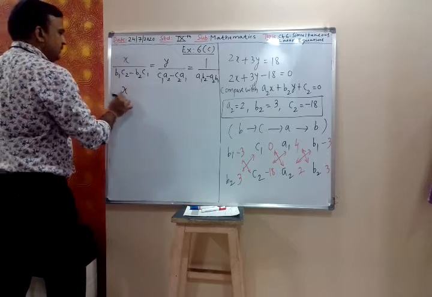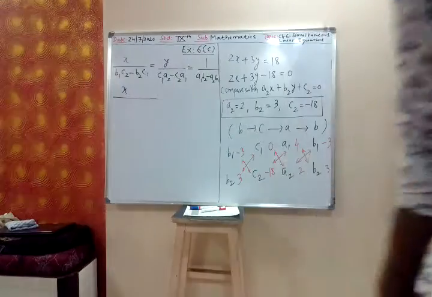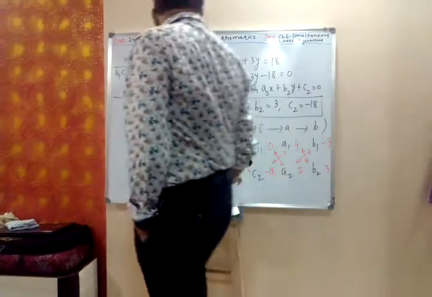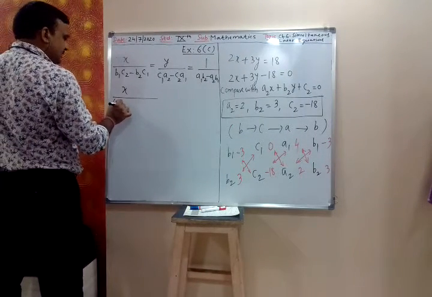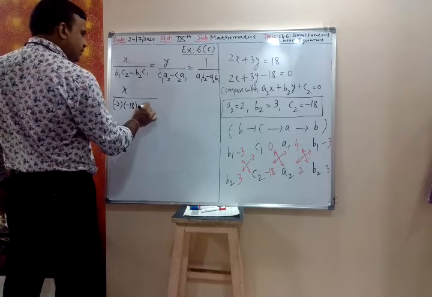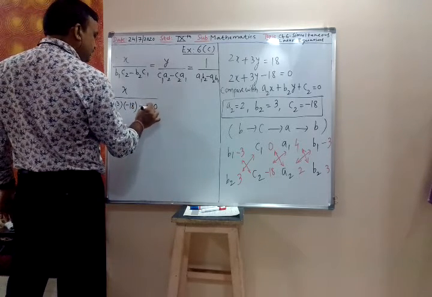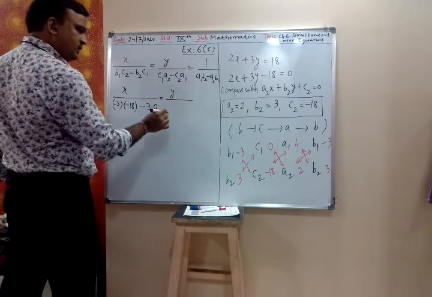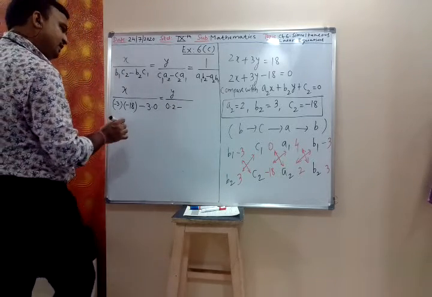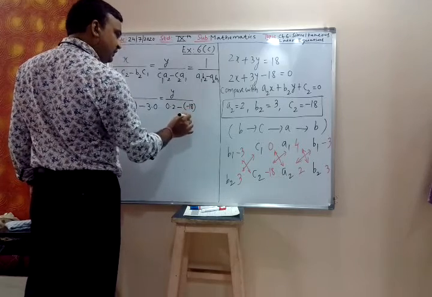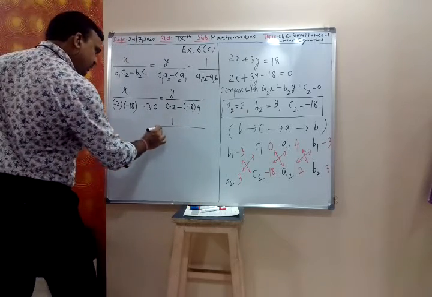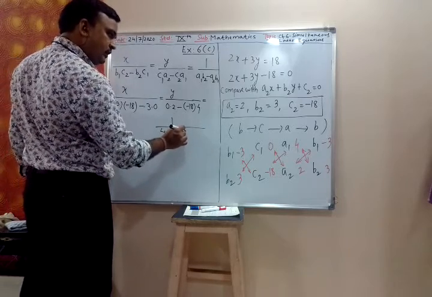Now we substitute the values. X upon B1 C2, B1 is minus 3, C2 is minus 18, so minus 3 into minus 18, minus B2 C1, B2 is 3, C1 is 0, so 3 into 0, is equal to Y upon C1 A2, C1 is 0 into A2 is 2, minus C2, which is minus 18, into A1 which is 4, is equal to 1 upon A1 B2, 4 into 3, minus 2 into minus 3.